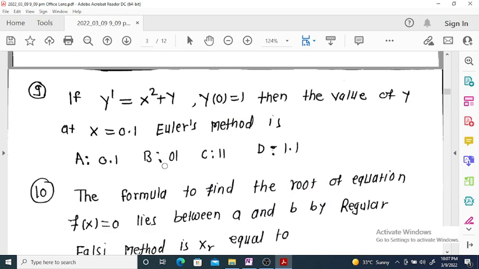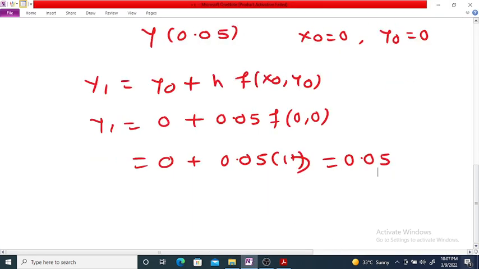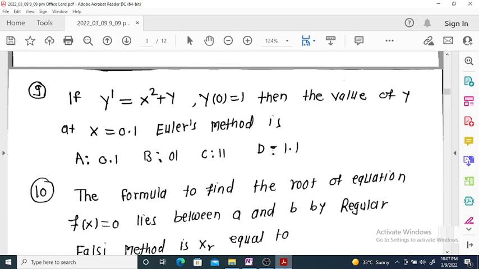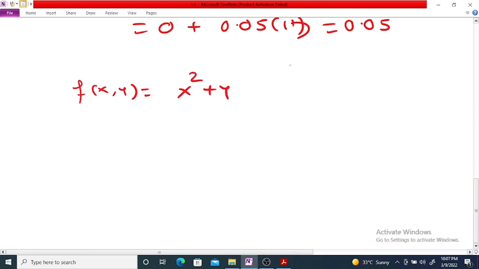If y dash is equal to x square plus y, y0 equal to 1, then the value of y at x equal to 0.1 by using Euler method. Again the same example. Here f of x y is equal to x square plus y, and the initial condition is y0 equal to 1.